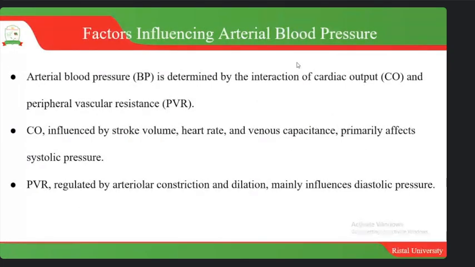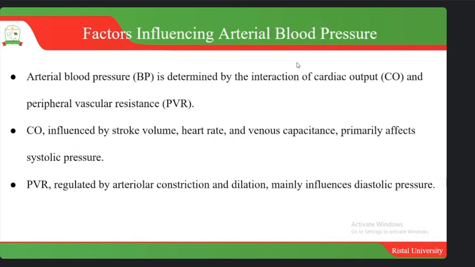So we also want to understand the factors that influence arterial blood pressure. What could be the factors? One of them is that arterial blood pressure is determined by the interaction of the cardiac output and the peripheral vascular resistance. So in case the person's cardiac output is low, that means the person will not be able to receive enough blood, oxygen and nutrients to the rest of the parts of the body, which will end up causing other negative impacts on someone's life.